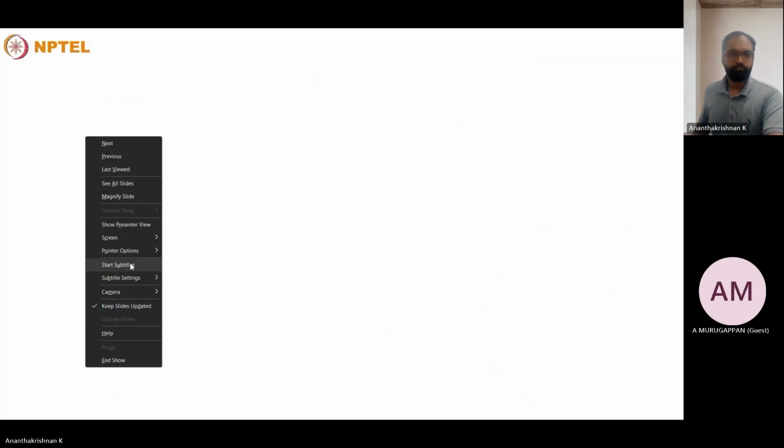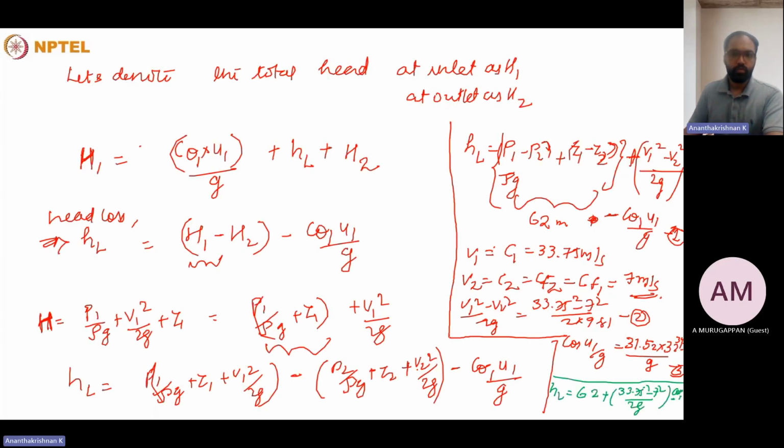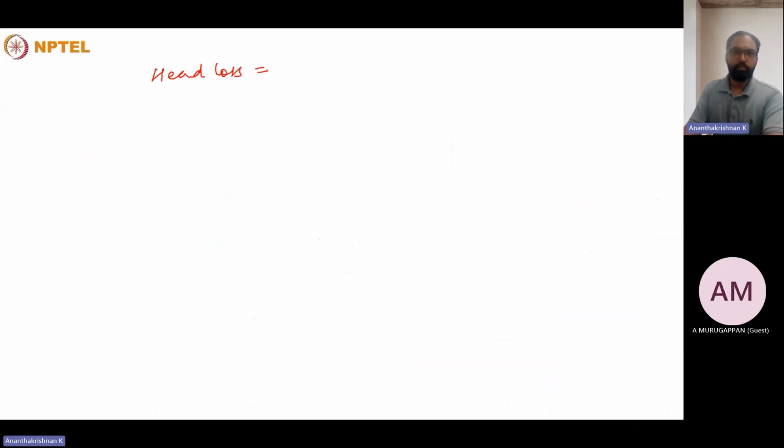So the head loss can be written as, this can be confusing, so I'll write it on a separate page.